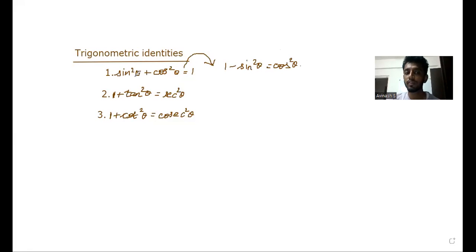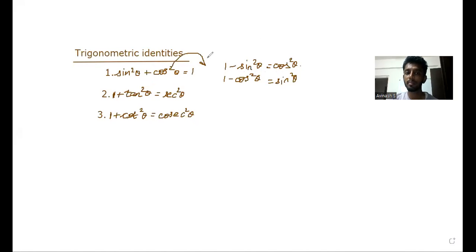For example, here we have sine square theta. If it is brought to the right hand side, you will be getting 1 minus sine square theta. Like if we reorder the terms, how does it change? That's very, very important. So if sine square theta comes to the right side, you get 1 minus sine square theta, which will be nothing but cos square theta. Similarly, 1 minus cos square theta will be nothing but sine square theta.